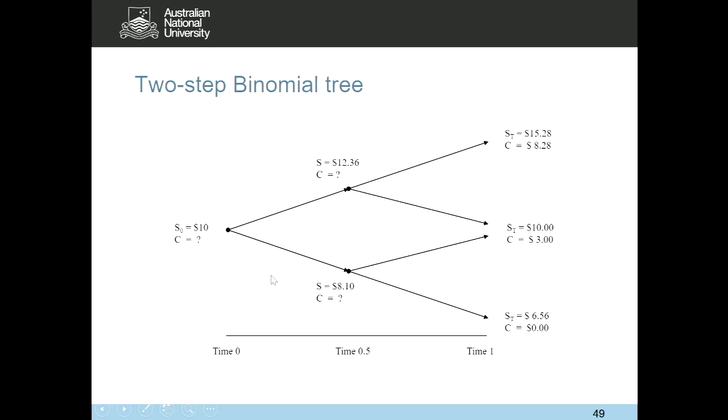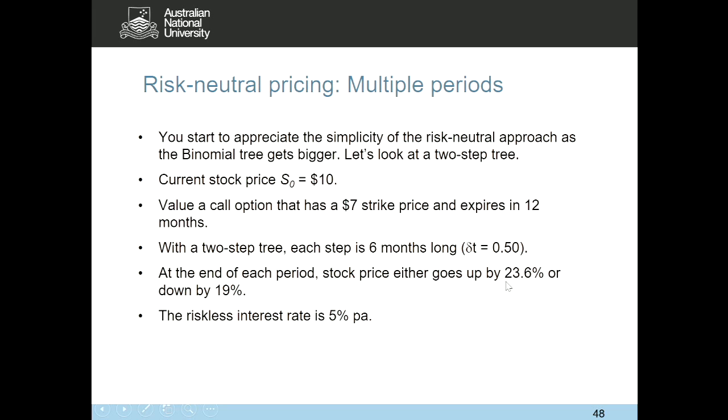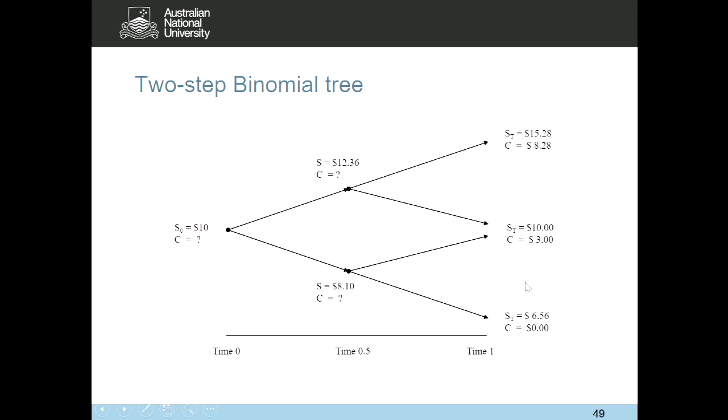So here is our two-step tree. If we take the current share price, $10, and multiply by the proportional increase, 1.236, we get a share price up here, $12.36. And then the way we get the next branch is by taking this share price, $12.36, multiplied by the proportional increase, 1.236, and we get a share price finishing here, $15.28.